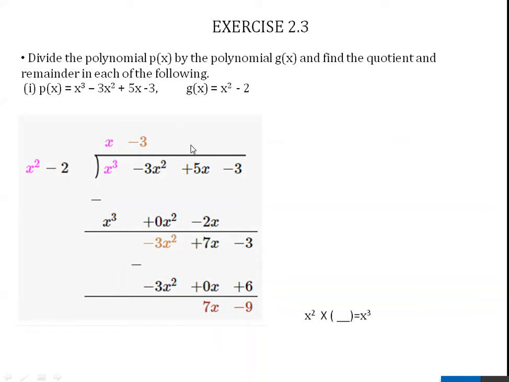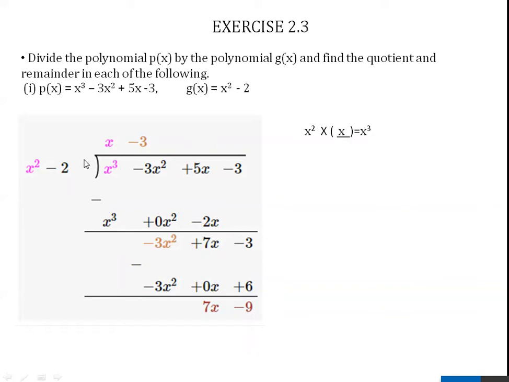Here you can find the quotient as x minus 3. Let's see how you are getting it. The first term in the divisor is x square and the first term in the dividend is x cube. x square into which term gives you x cube? Yes, it's x. x square into x is equal to x cube.